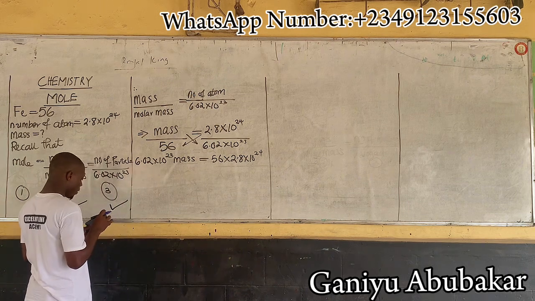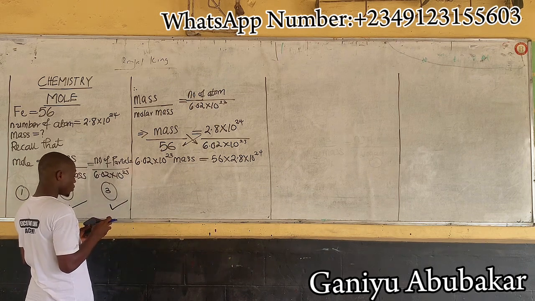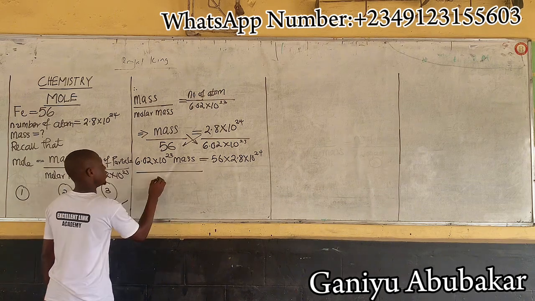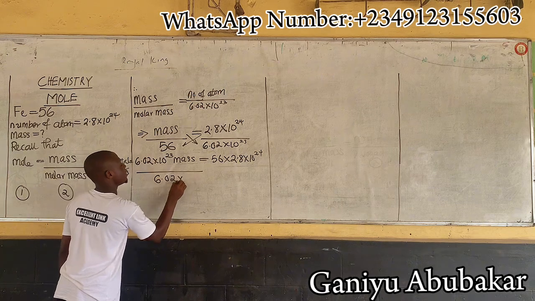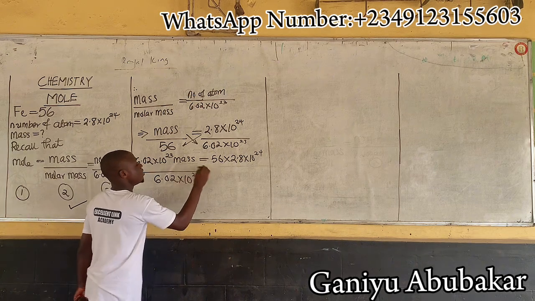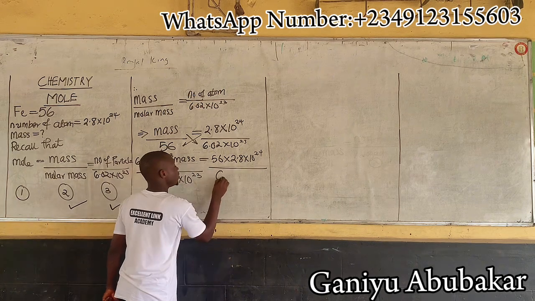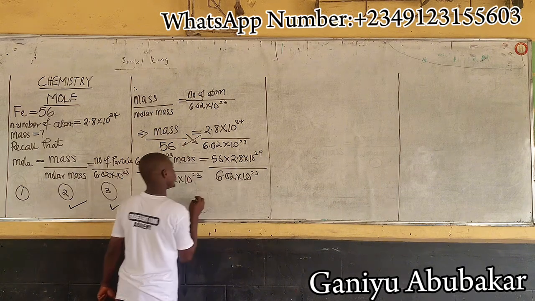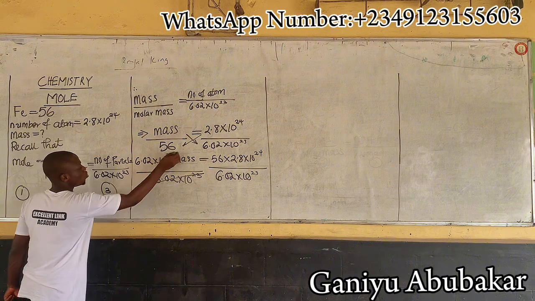Doing my normal math, I'm looking for mass, so I divide both sides by 6.02 times 10 to the power 23. What do you observe? This one will cancel this one.